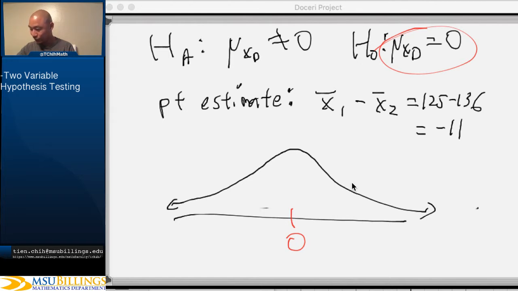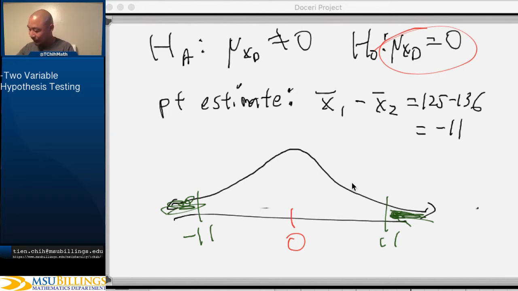We're going to notice the minus 11 out here, and we're going to want to know, how likely is it that we observe an actual point estimate that is that extreme or that far away from 0?